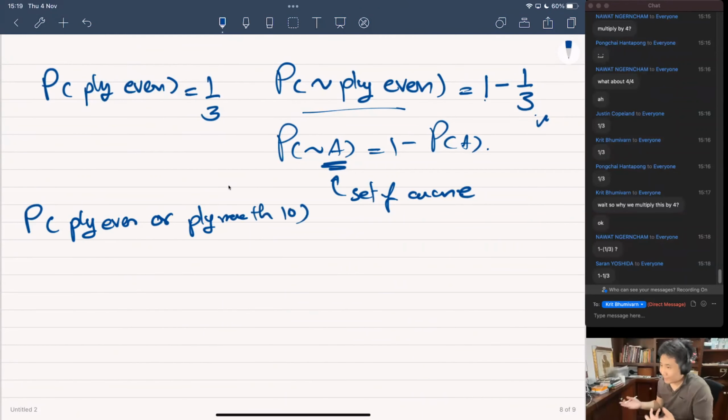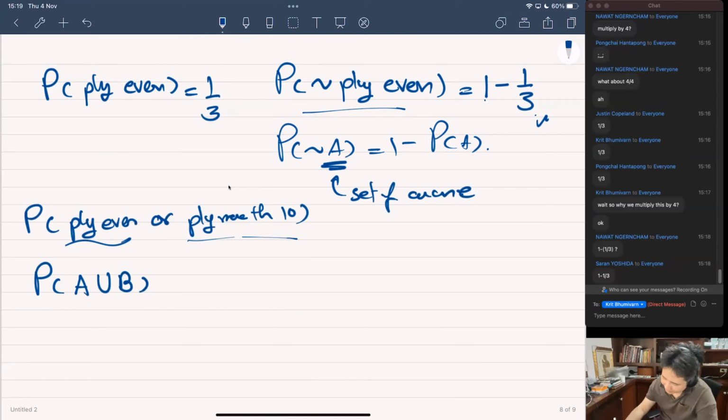So that means this is like a union. There is a set of outcomes where you play an even number of turns, and a set of outcomes where you play more than 10 turns. So this thing is like P of A union B.